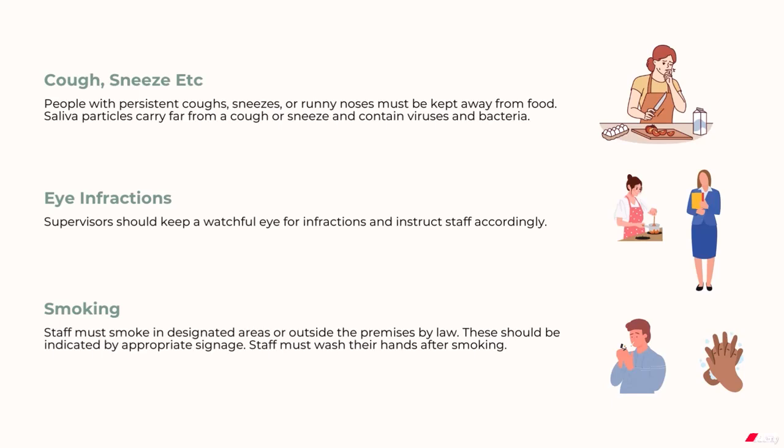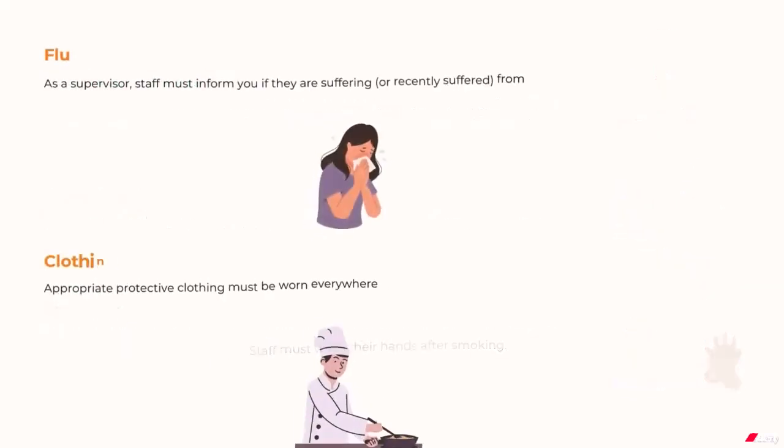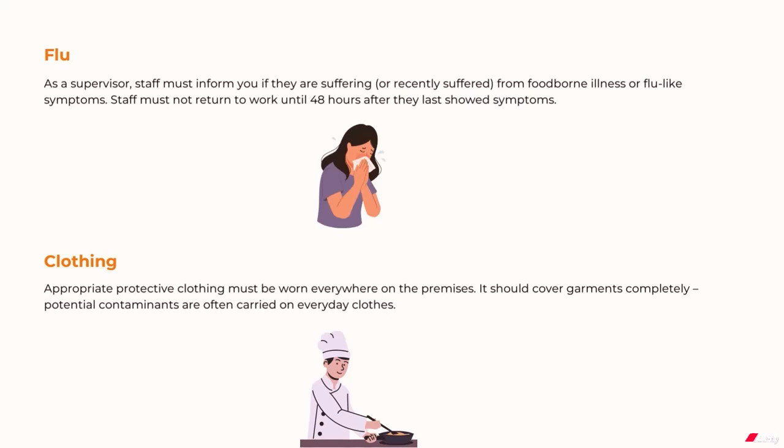Smoking. Staff must smoke in designated areas or outside the premises by law. These should be indicated by appropriate signage. Staff must wash their hands after smoking. Flu. As a supervisor, staff must inform you if they are suffering or recently suffered from foodborne illness or flu-like symptoms.